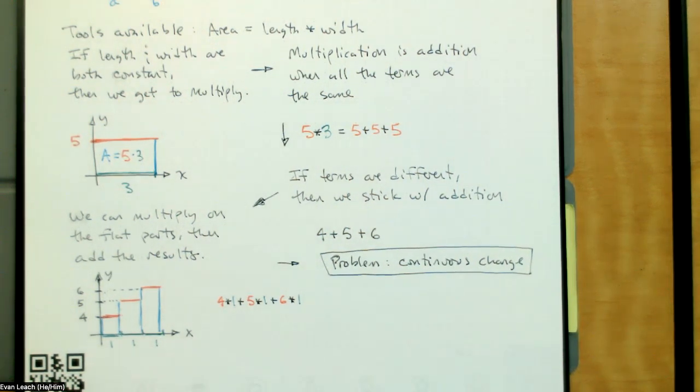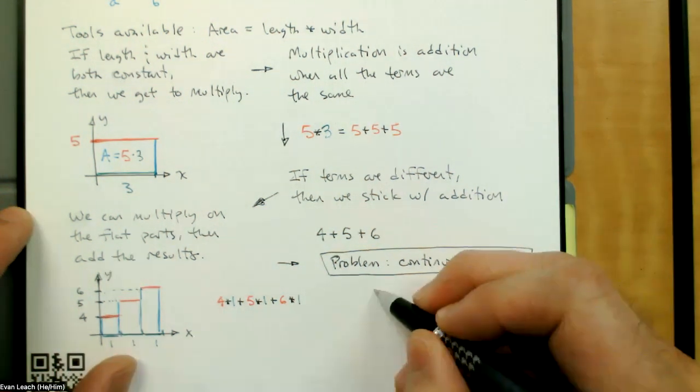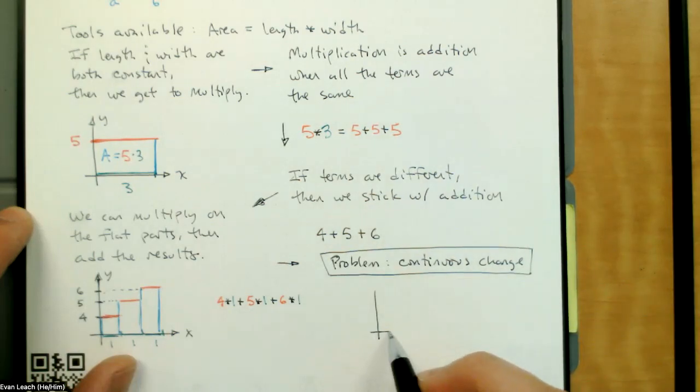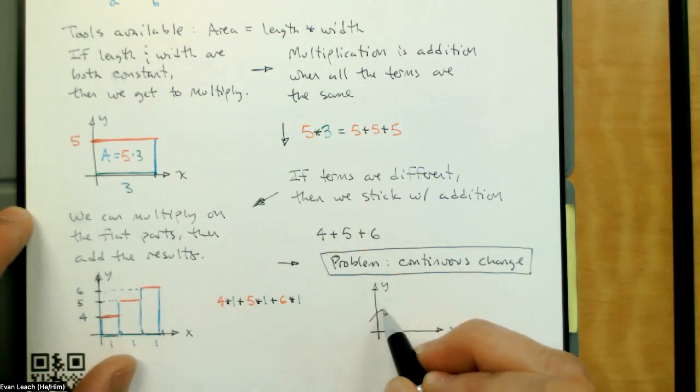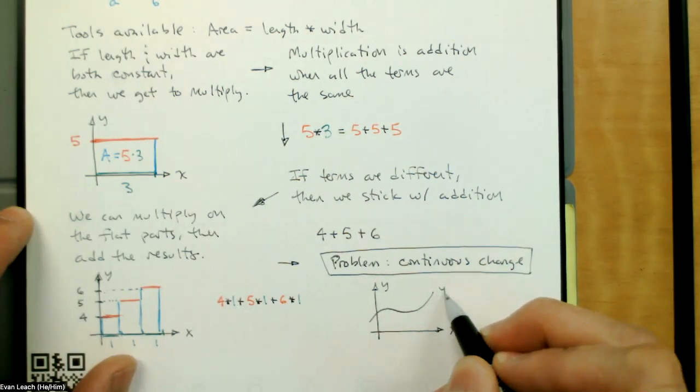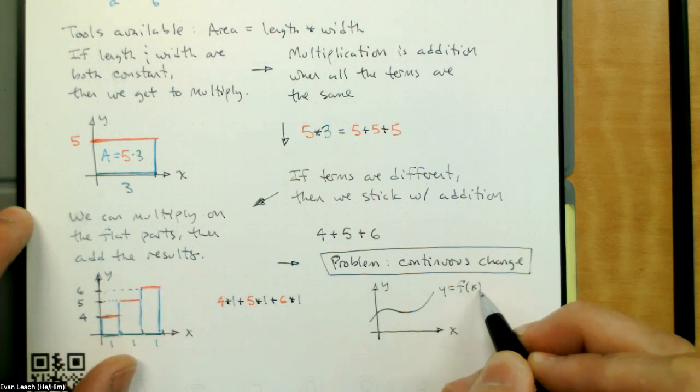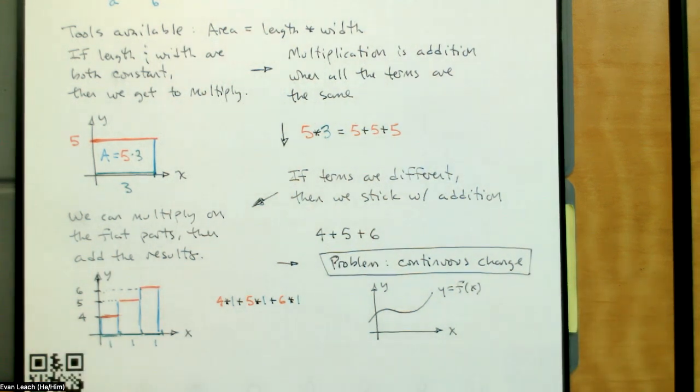The problem that we run into here is that we have a function changing continuously. In the previous problem, we can multiply on the flat parts, but in a continuously changing function, there are no flat parts.